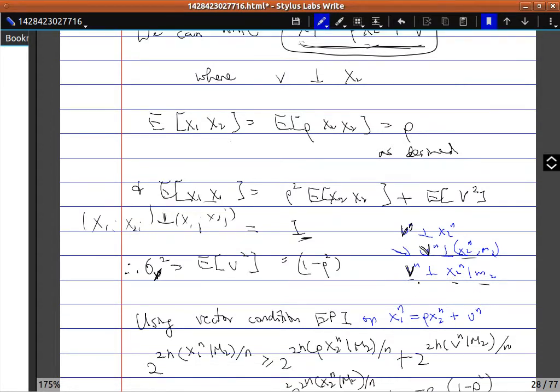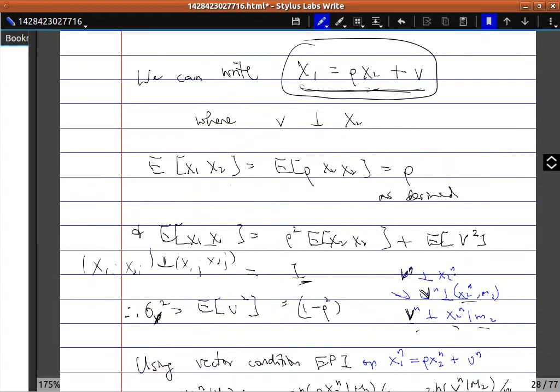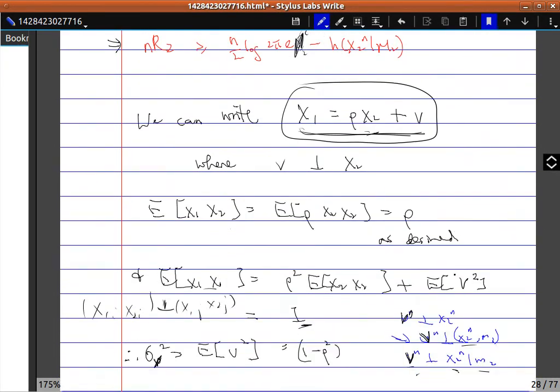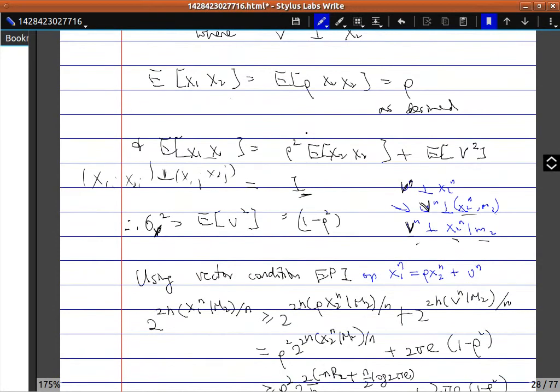So therefore we have this, and also rho x2 plus v is equal to x1. So we can apply the conditional entropy power inequality on this.